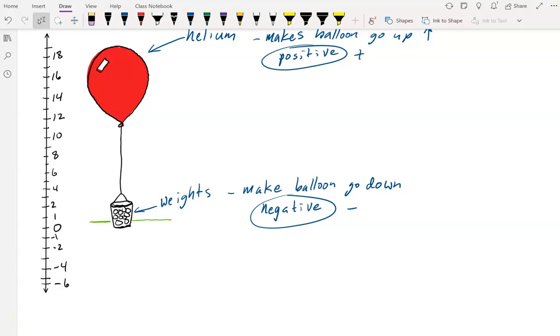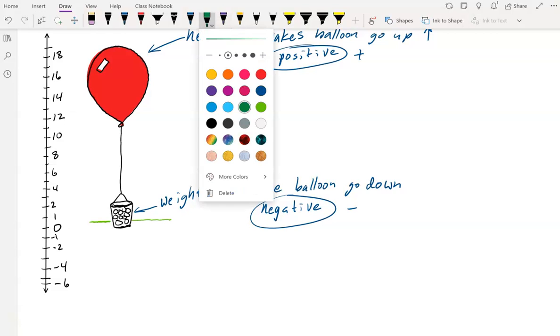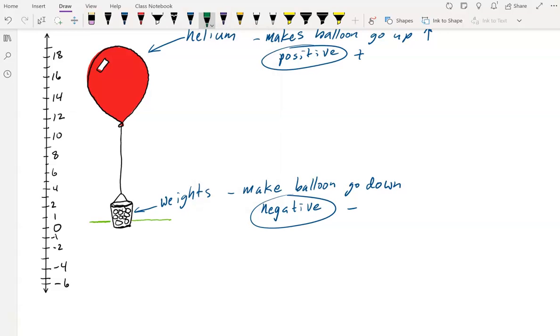Okay, so let's think about our model. In the area of positives, what would happen if we were to add more helium to our balloon? Well, hopefully you just said that that would make the balloon go up. You add helium, the balloon goes up.